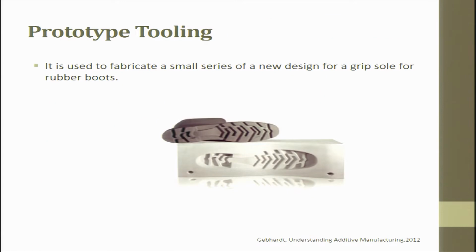So, prototype tooling: these are tools which are used for prototyping, just to see the outlook. For example, here what we are trying to say is, we are trying to make a tool which is used for making prototypes, so that you can show it to customers, try to impress them, get their feedback, and improvise.